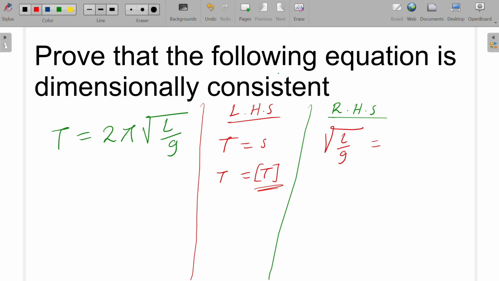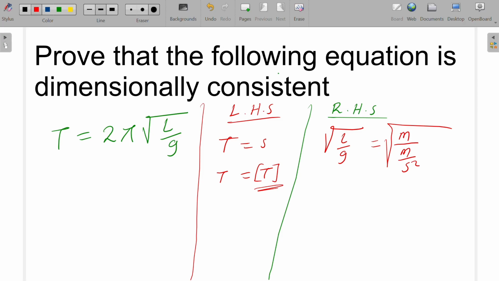L is length, so it's measured in meters. Down here we have g. g is acceleration due to gravity, which is still acceleration, so it's measured in meters per square second. So this is what we have in the square root.